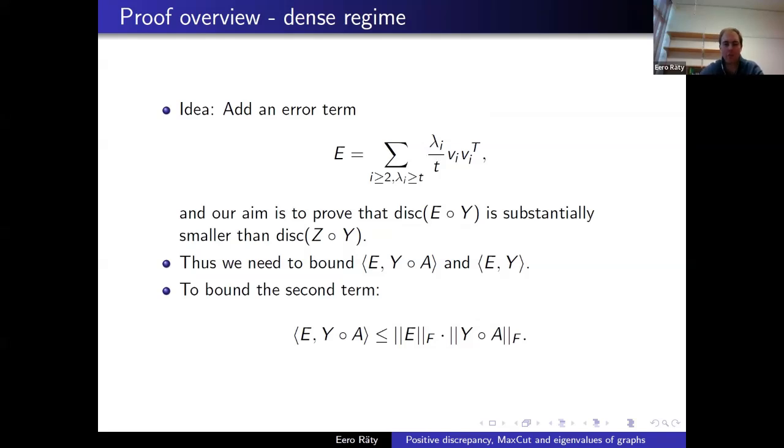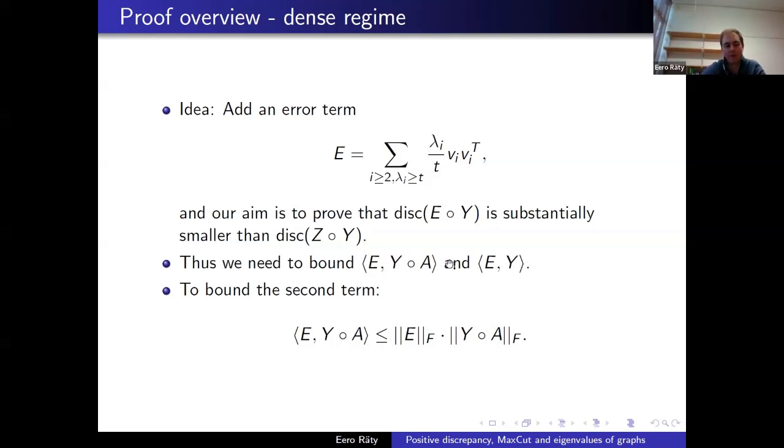And then we would hope that the contribution to the discrepancy arising from here is small, substantially smaller than the discrepancy of Z. To do that, we would need to bound these two quantities.